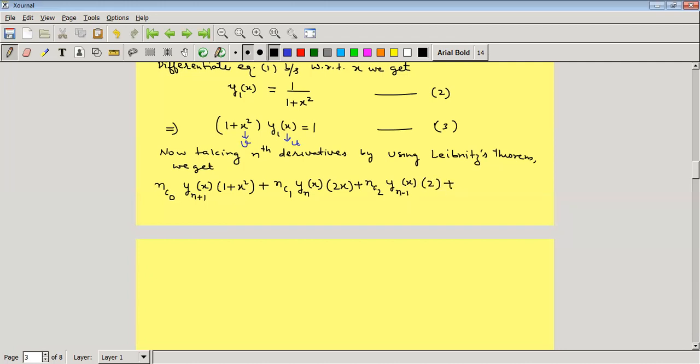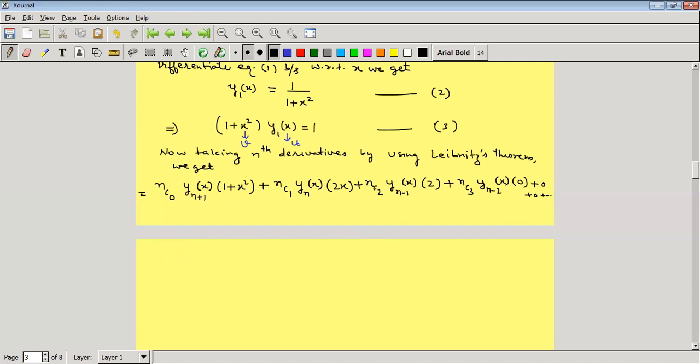The next step is nC3, and we derivate it once more, so we get y(n minus 2) times derivative, into the derivative of 2, that is 0. So this is y(n minus 3) times derivative, and this is the derivative of 2, that is 0. All other terms become 0, plus 0 plus 0 plus 0.